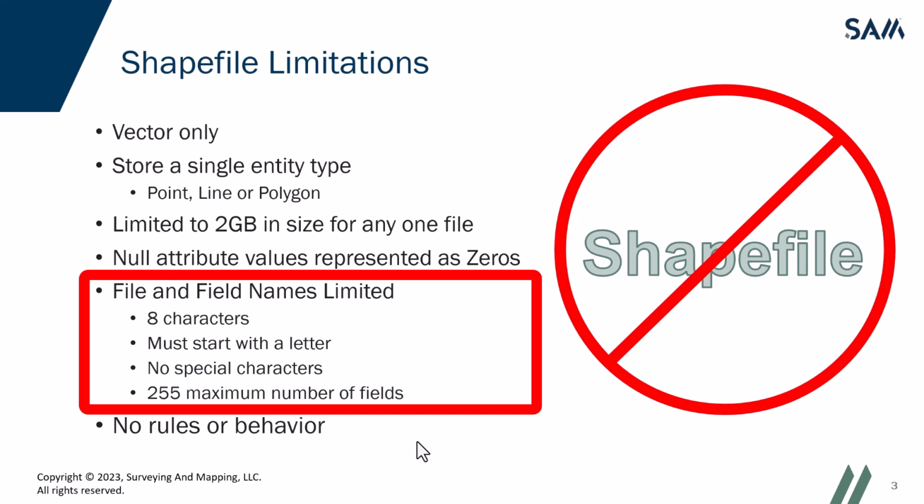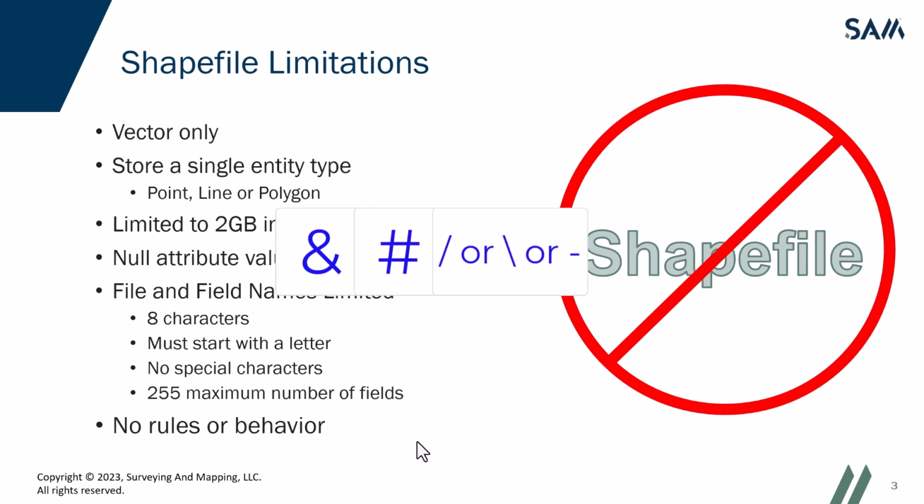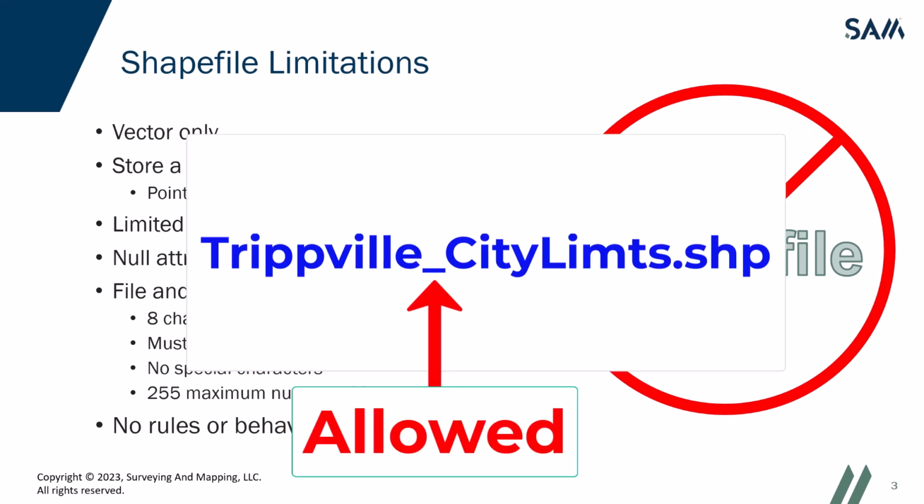They typically need to be limited to 8 characters. That's as long as they can be. They also must start with a letter and contain no special characters, meaning it can't have spaces, ampersand signs, hashtags, slashes, or dashes. The only special character that is supported is an underscore.